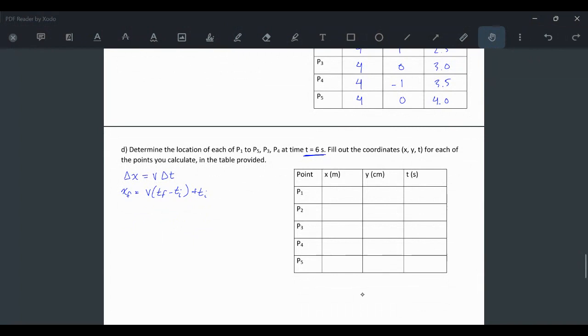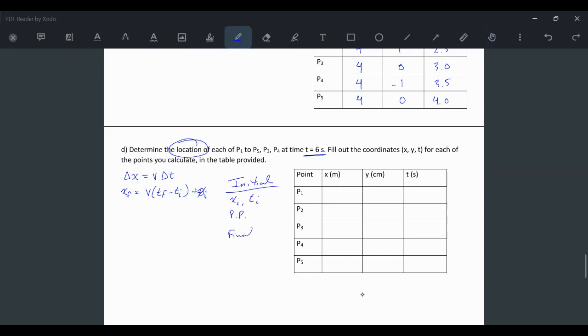Okay, so this is the equation. I've solved it a little bit differently than last time. It says determine the location at time t equals 6. So we're going to get our initial conditions, our ti and our xi, from the previous page.